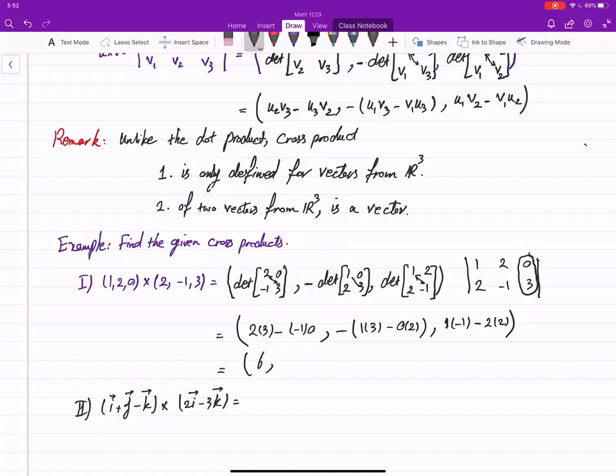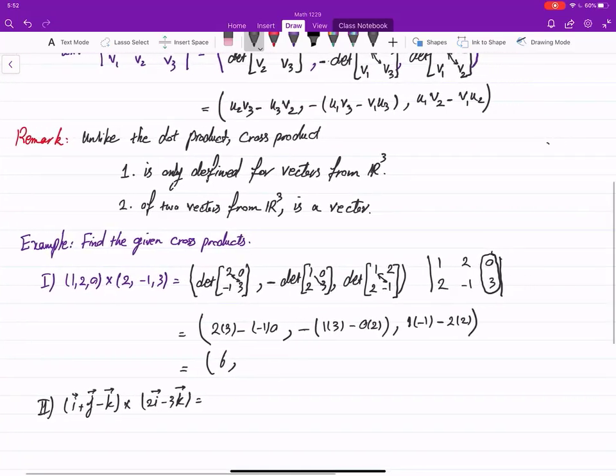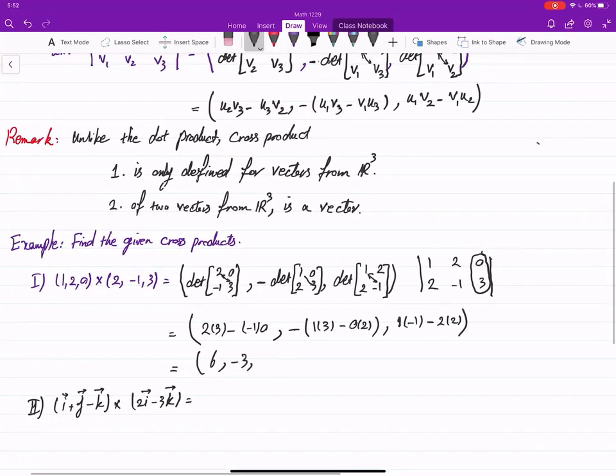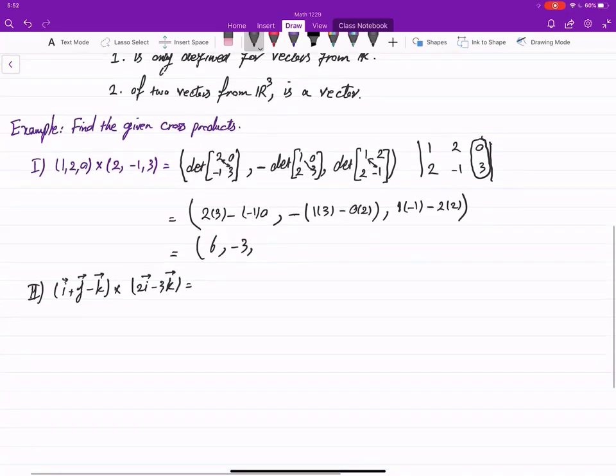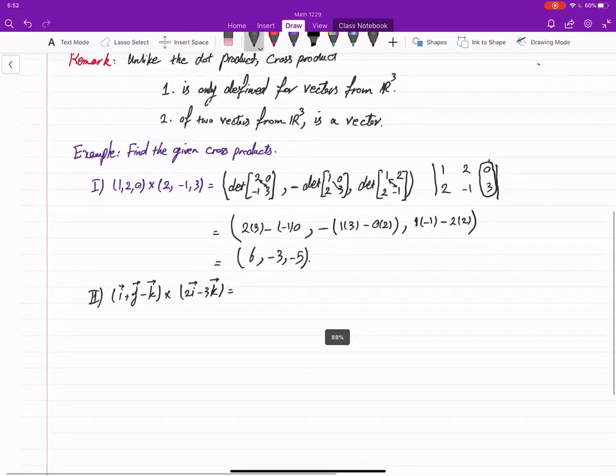This is 1 times 3 is 3 minus 0 is 3. And there's a negative 1, so it's negative 3. And the last one is negative 1 minus 4, which gives me negative 5. And that's the cross product of those two vectors.